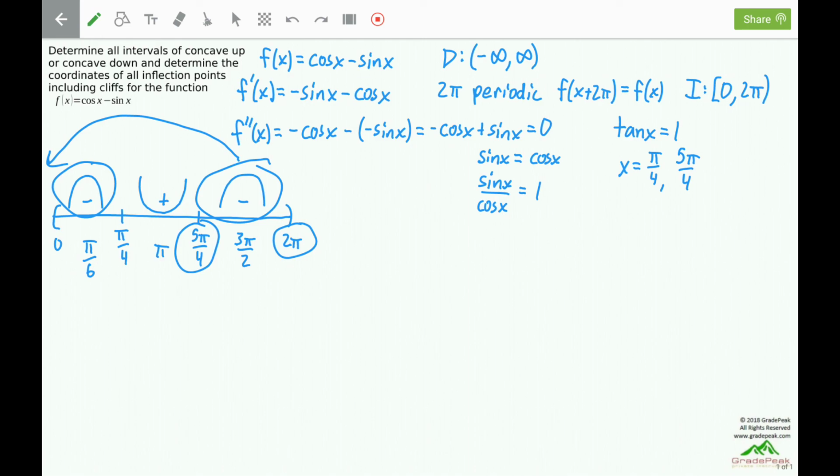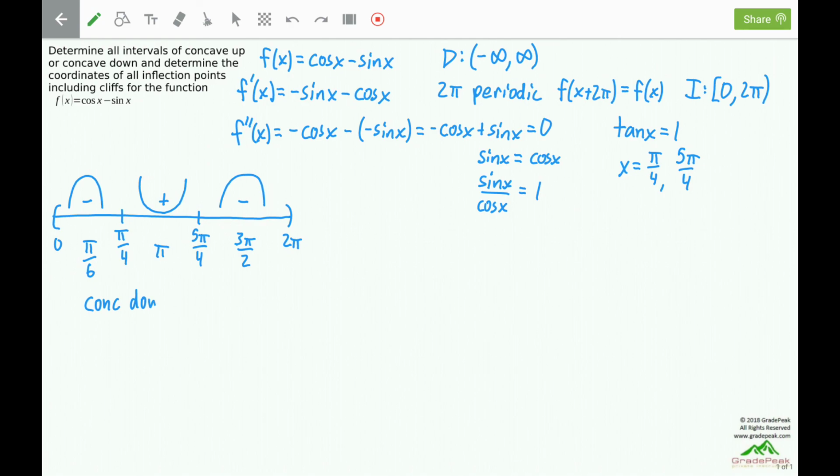So there's an interval of 3 pi over 4 to the left of 0 that is also concave down that will connect onto it. And that means that there is a continuous concave down interval starting from 3 pi over 4 units to the left of 0, that's negative 3 pi over 4, up to positive pi over 4. That will account for all of this as well as this connected together with each other.